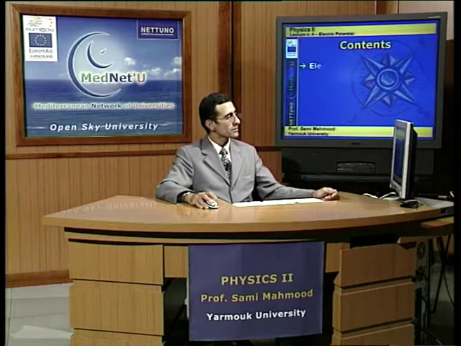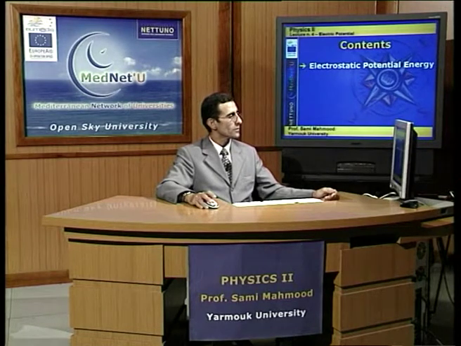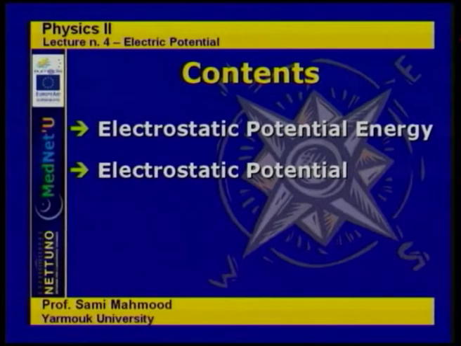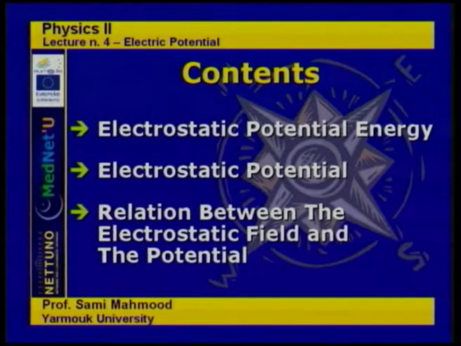The contents of this lecture will be as follows. First of all, we'll be discussing the electrostatic potential energy, from which we can derive the concept of electrical potential. Then the relation between the electric potential and the electric field is derived.